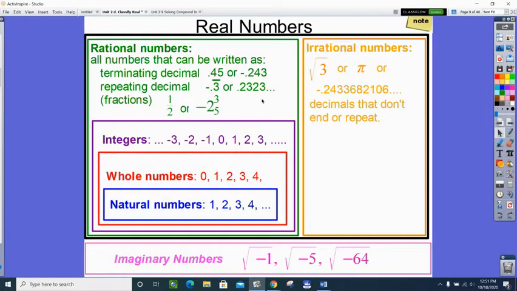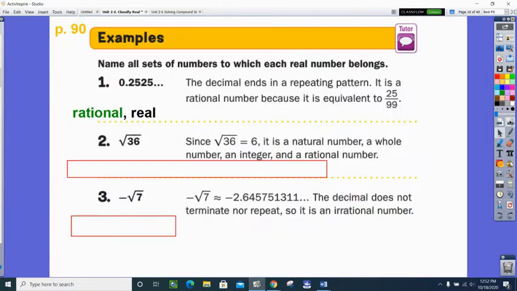So where does the number 6 start? It's a natural number. When you were a little 3-year-old, you counted 6 leaves, for instance. So the square root of 36, which is 6, would be a natural number and a whole number and an integer and a rational and a real. It has all kinds of groups that it's part of.